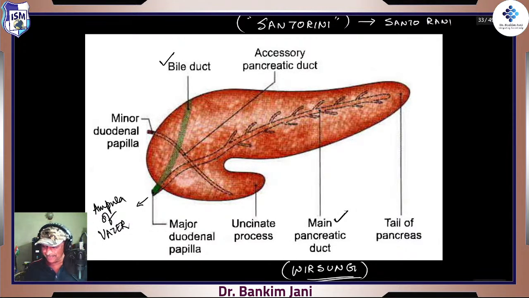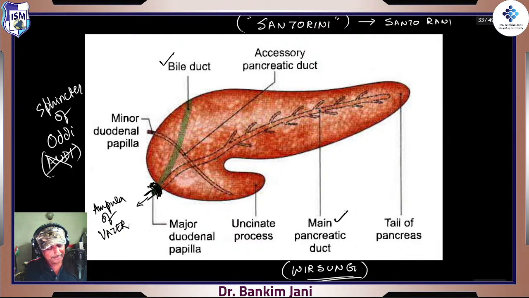And one more thing: over here there is a sphincter, right? And that sphincter is also given a name, that is the sphincter of Oddi, right? Not this Oddi, it is just the sphincter of Oddi.